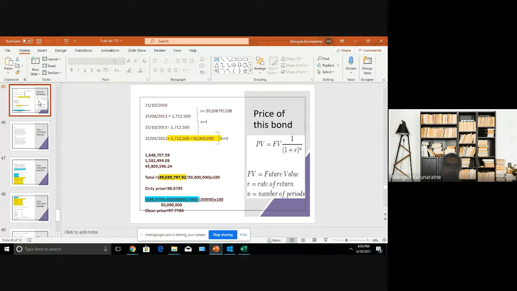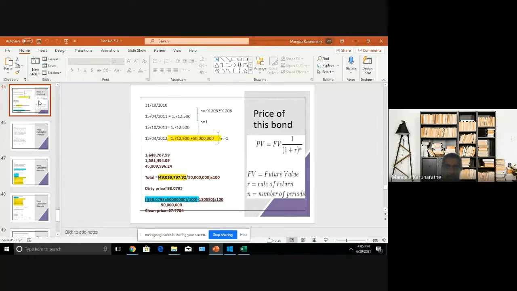So there can be, say, a bond issued on 1st of January, and the next coupon date is 1st of July. 1st of January and 1st of July.